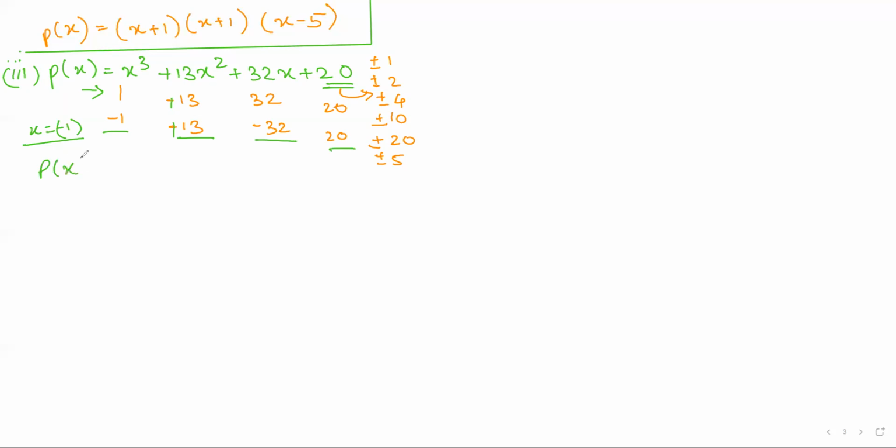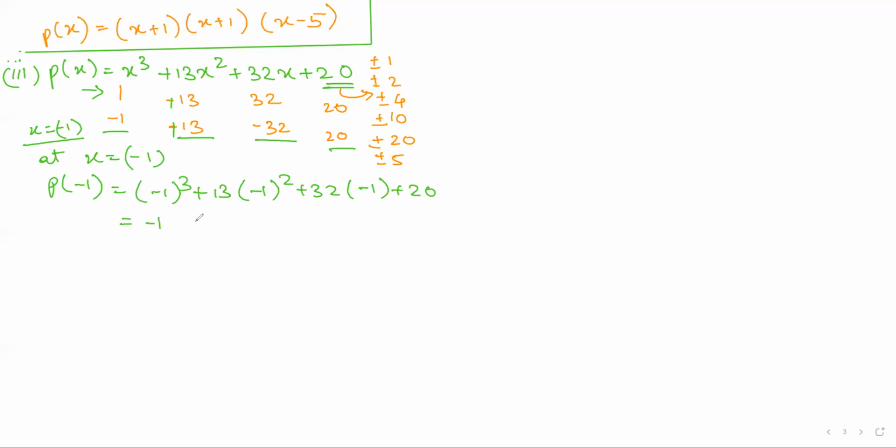In P of x, let x equals minus 1. Your P of minus 1 is equal to minus 1 whole cube plus 13 into minus 1 whole square plus 32 into minus 1 plus 20.